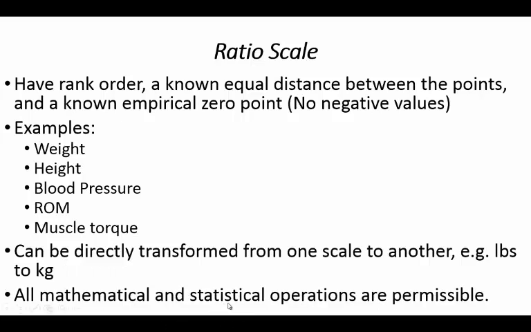All mathematical and statistical operations are permissible for ratio scales. So ratio scales are precise. They can carry any value that is 0 or above, and I can do all kinds of mathematical and statistical operations on the ratio scales.